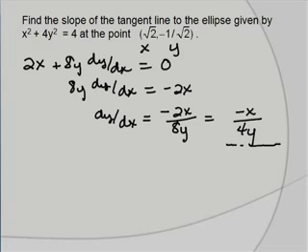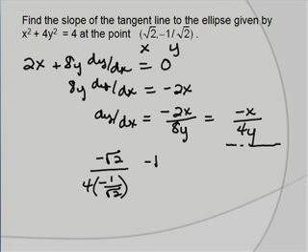And our last step then is just to substitute this in for the x and this in for the y. So we need negative square root of 2 over 4 times negative 1 over the square root of 2. So we get negative square root of 2 over negative 4 over the square root of 2. I'm going to invert and multiply by that fraction in the denominator.